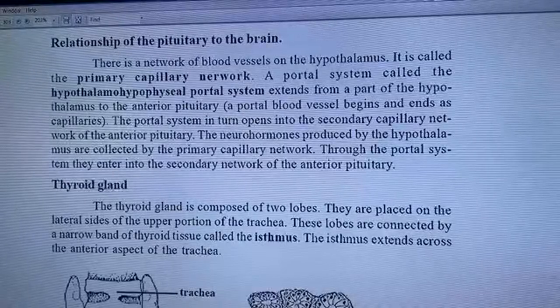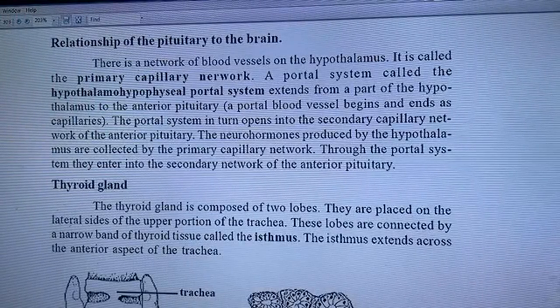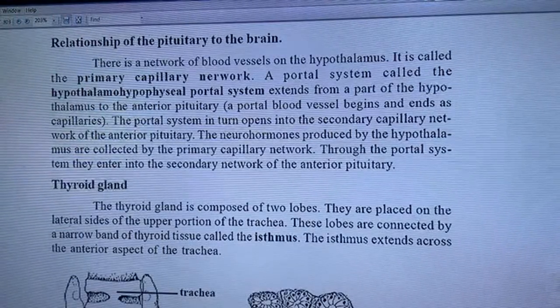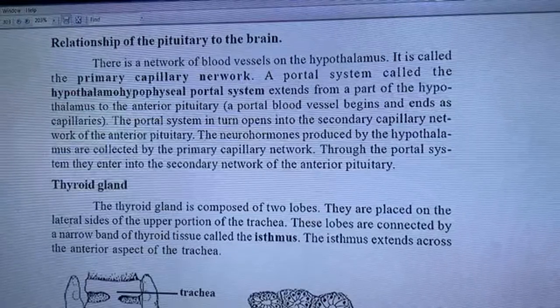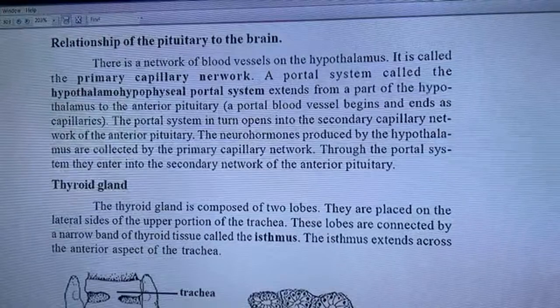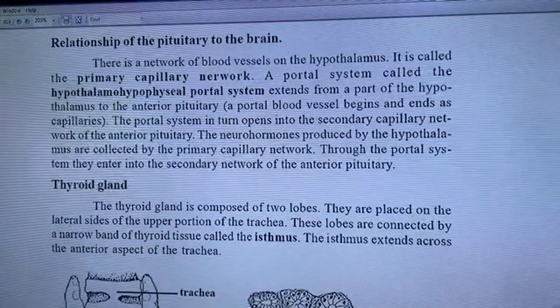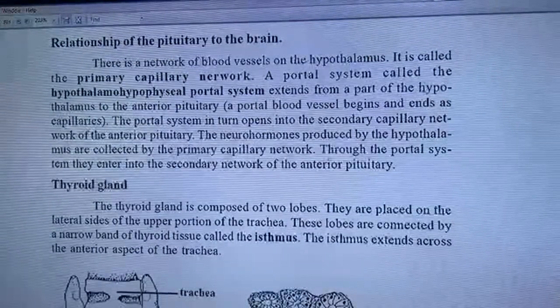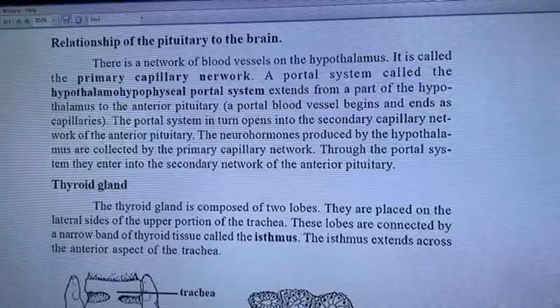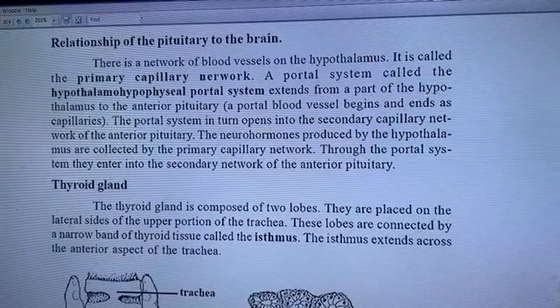A portal blood vessel begins and ends as capillaries. The portal system opens into the secondary capillary network of the anterior pituitary. The neurohormones produced by the hypothalamus are collected by the primary capillary network. Through the portal system, they enter into the secondary network of the anterior pituitary.